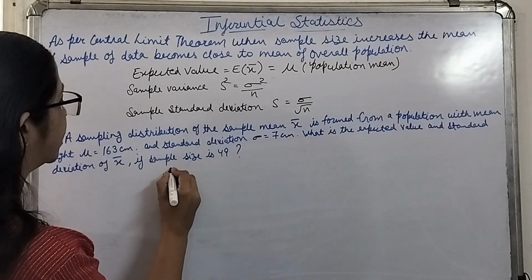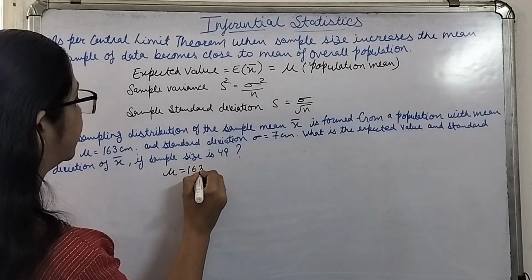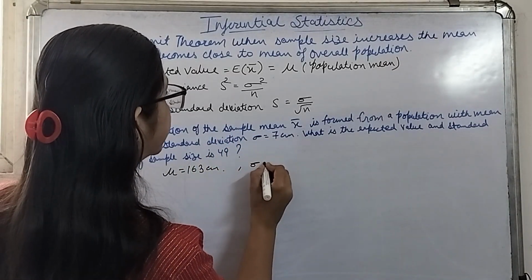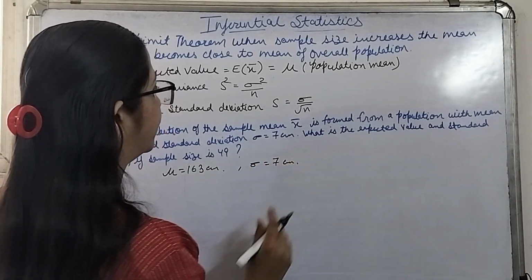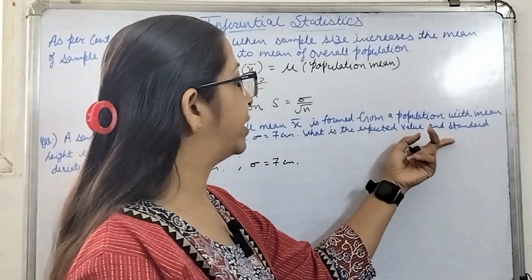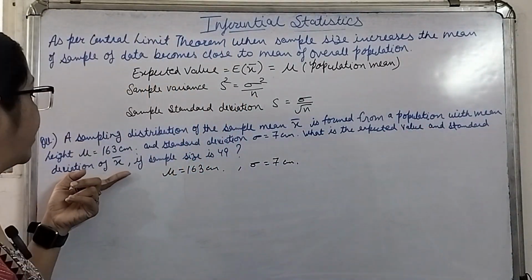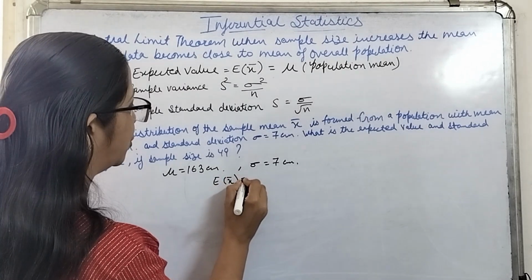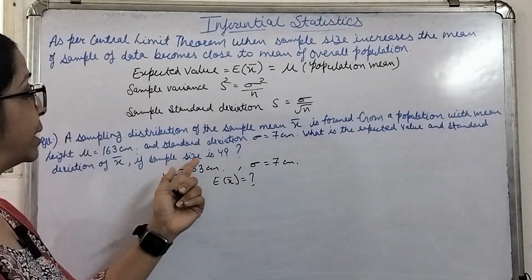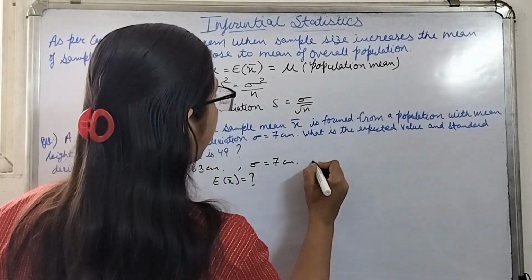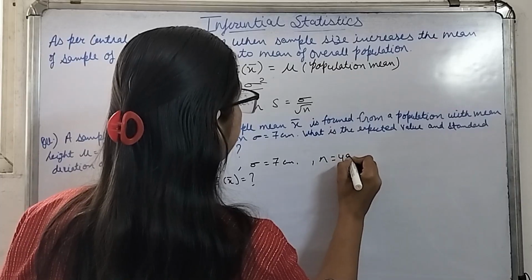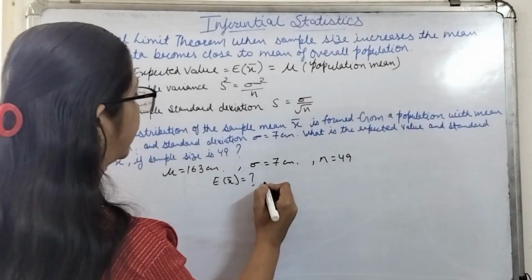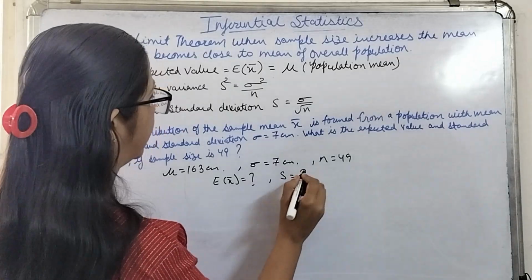Over here μ is given to us as 163 centimeters and the standard deviation σ is given as 7 centimeters. What is the expected value and standard deviation of x̄? Expected value, E(x̄), is asked. Along with that, the sample size n is given to us as 49. Along with this, the standard deviation, that is the value of S, is also asked.